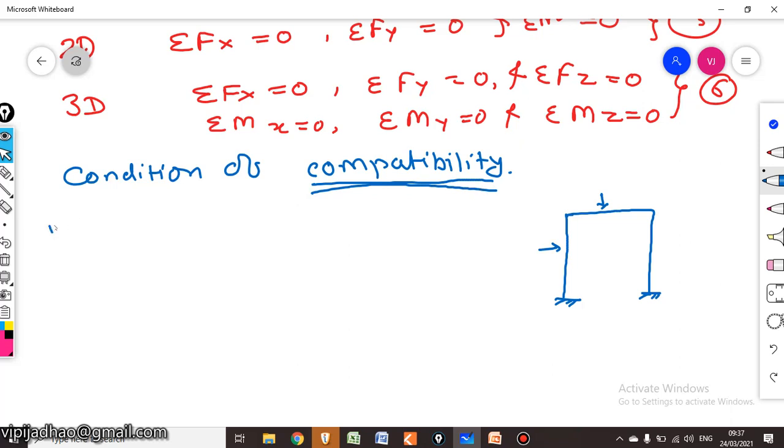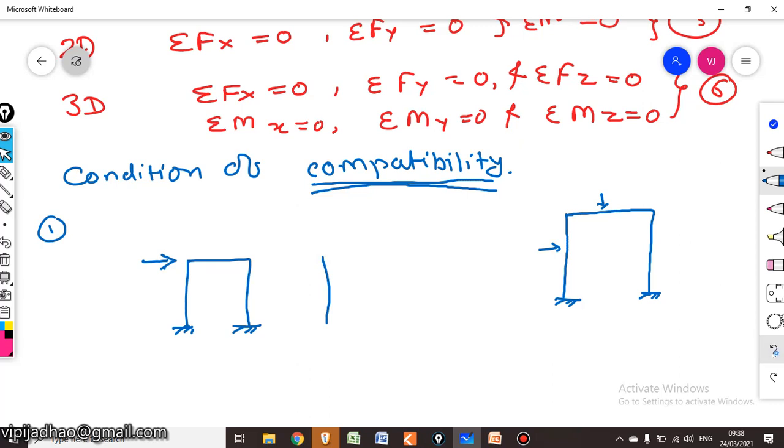There are two conditions of compatibility. The first one is that the members meeting at a particular joint will continue to meet at that joint even after deformation takes place. Let us consider this particular frame, subjected to some load like this.